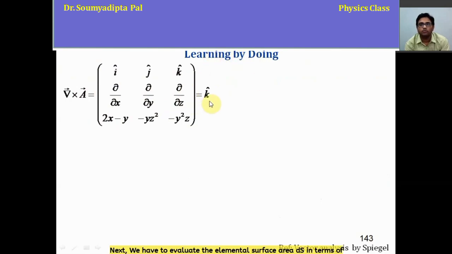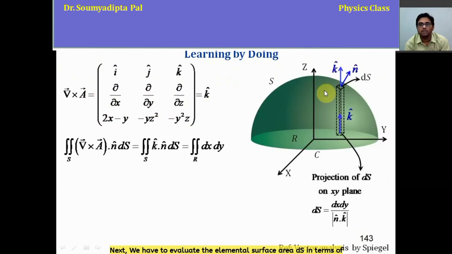Next, we have to evaluate the elemental surface area dS in terms of the elemental area on the xy plane by the concept of taking the projection of dS on the xy plane. And k cap · n cap dS will be dxdy, which is this elemental area on the xy plane, right?